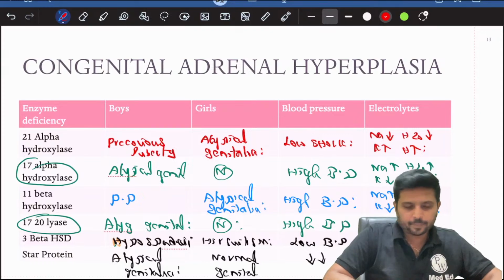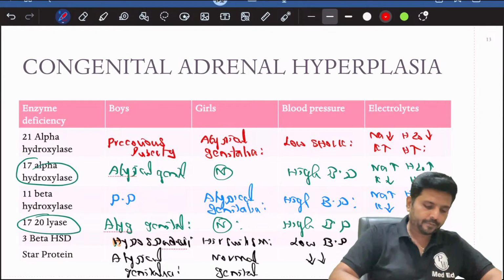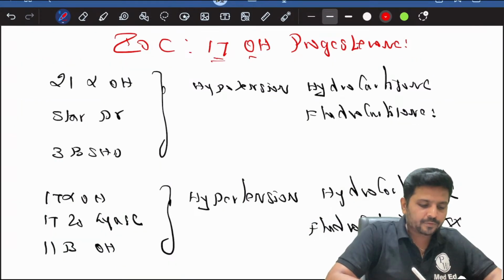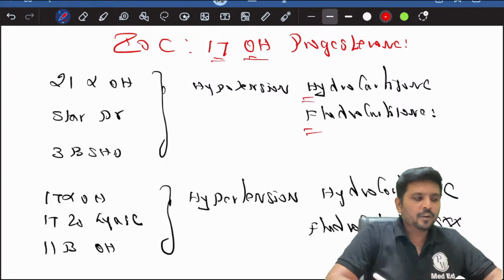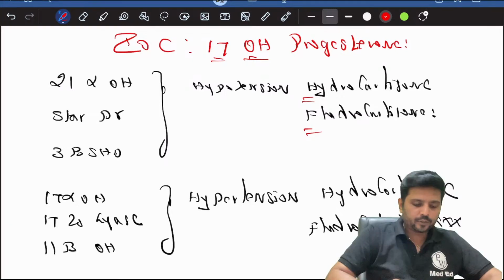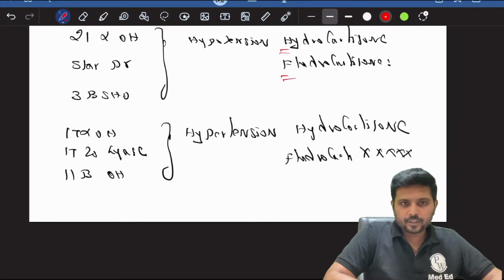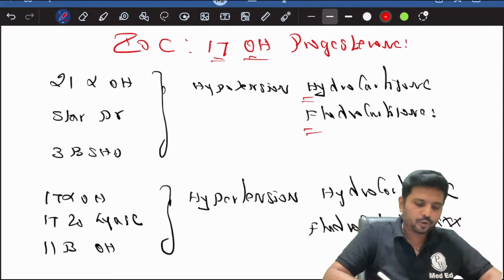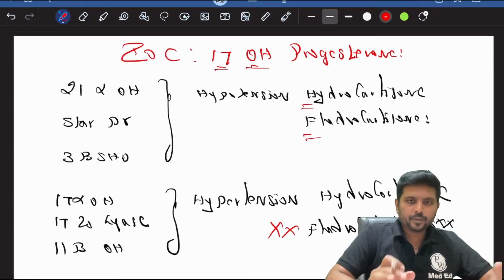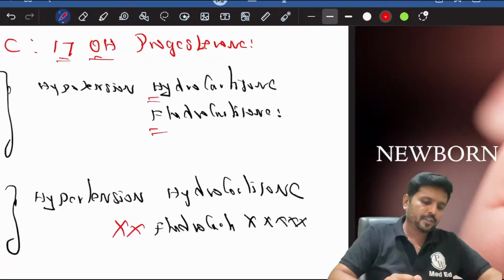In the first three enzyme deficiencies, you need to give hydrocortisone and fludrocortisone. In the next, 17 alpha hydroxylase, 17,20 lyase and 11 beta hydroxylase, since you get hypertension, you need to give only hydrocortisone but not fludrocortisone. This is about congenital adrenal hyperplasia.